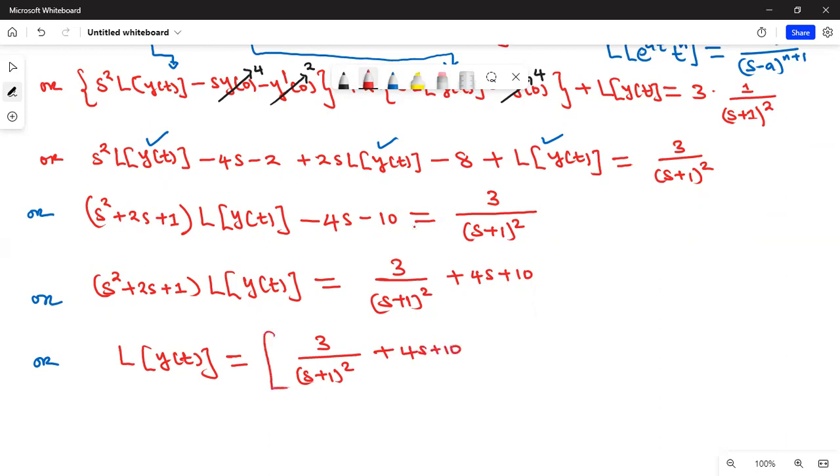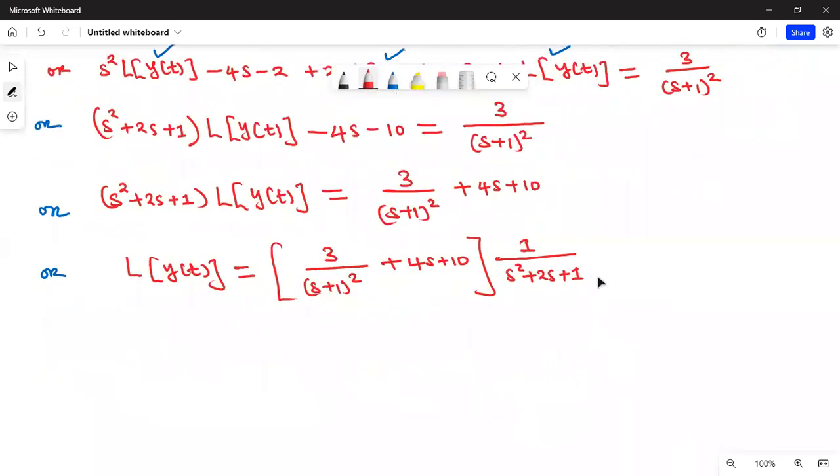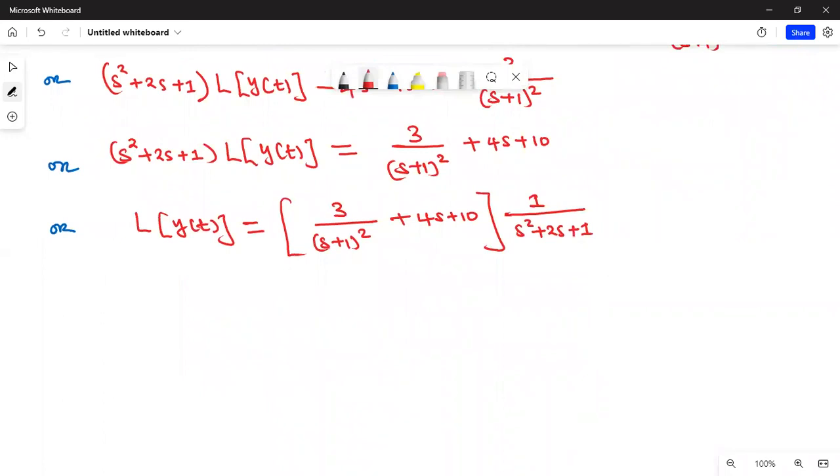The whole of this we are dividing by, or simply the same as multiplying by, 1 over s squared plus 2s plus 1, which you can write as, remember, I want us to take note that s squared plus 2s plus 1 is the same as s plus 1 squared.